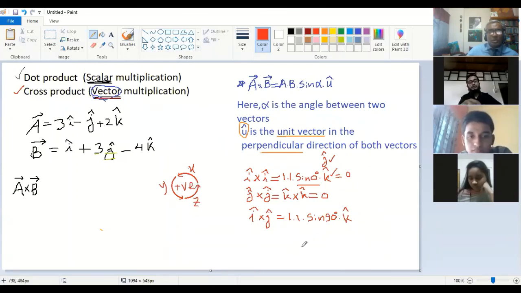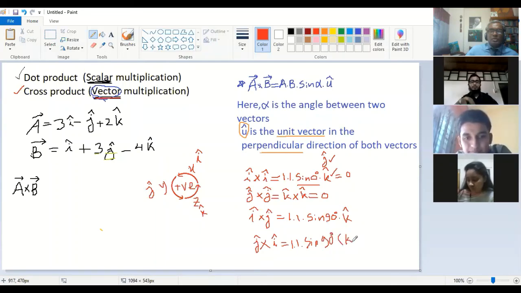In this case also i cross j, so the k will come positive. And if you do the calculation for j cross i, it will be minus k, because the value is the same, 1, then sine 90 degree, but the unit vector will be minus k because of the clockwise rotation.